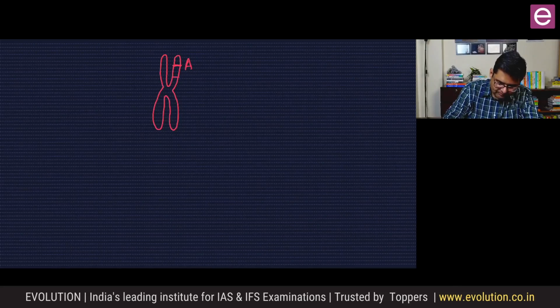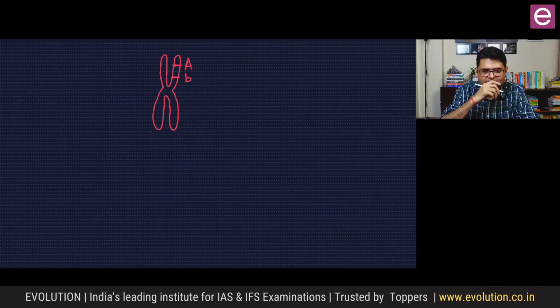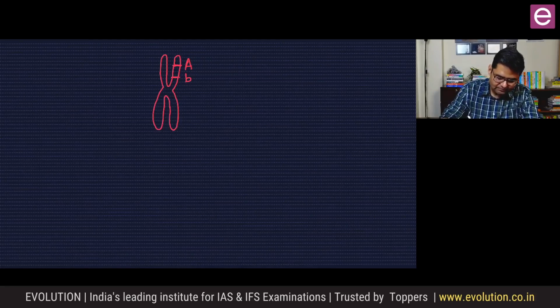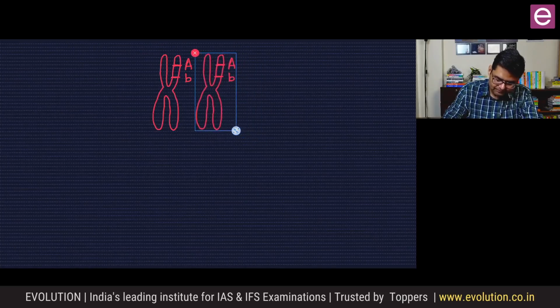A, B. Let's say this is the combination. Okay. And the other homologue, I'll have to change its color, has got other alleles.